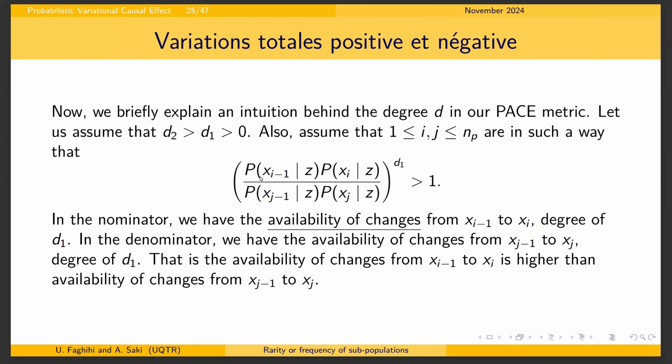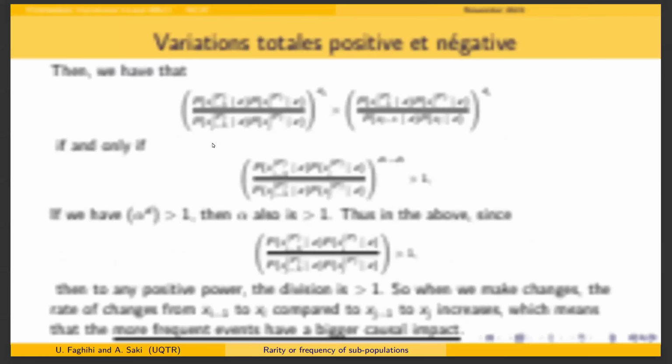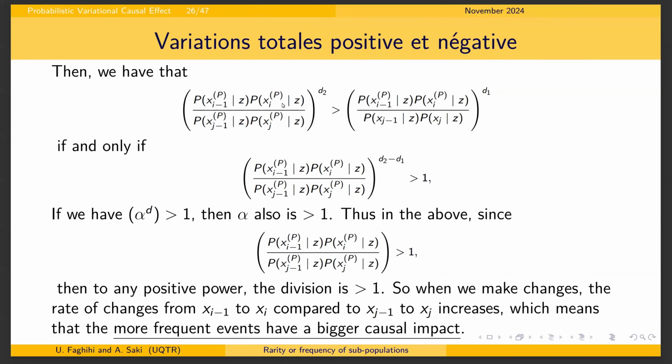Here, in the numerator, we have the probability of changes from xi minus 1 to xi, with Z always fixed, with degree D. And the denominator is the probability of changes from xj minus 1 to xj. Let's say this one is greater than 1, and don't forget D2 is greater than D1, greater than 0. Basically, we have the same thing here, but with D2 and D1.